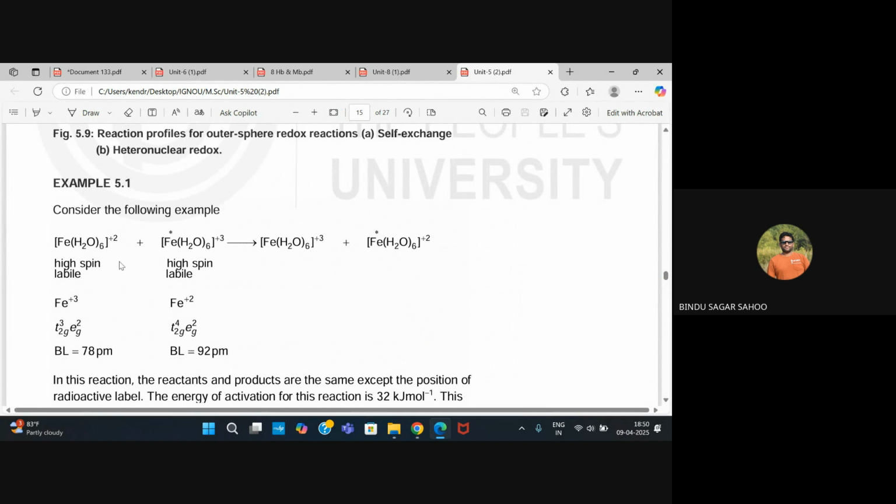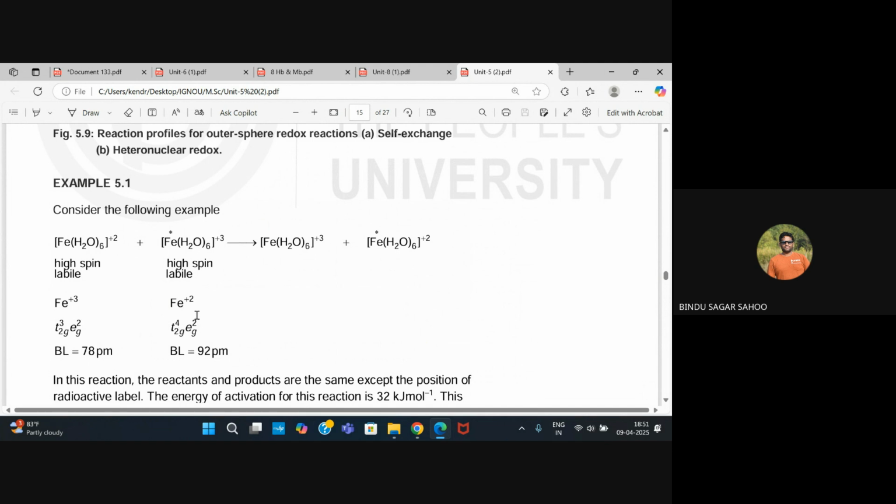Here you can see Fe water 2+ and here Fe water 3+. Both of these are labile complexes. Here Fe3+ is t2g3 eg2. For Fe2+, the d electronic configuration is d6, and the configuration will be t2g4 eg2.